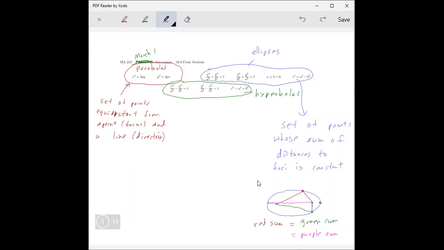Another application is that they use this idea to pulverize kidney stones. Someone will have a kidney stone, and they'll give them some kind of drug to identify where the kidney stones are. They'll submerge them in a tank of water and position them so that the kidney stone is at one of the foci.